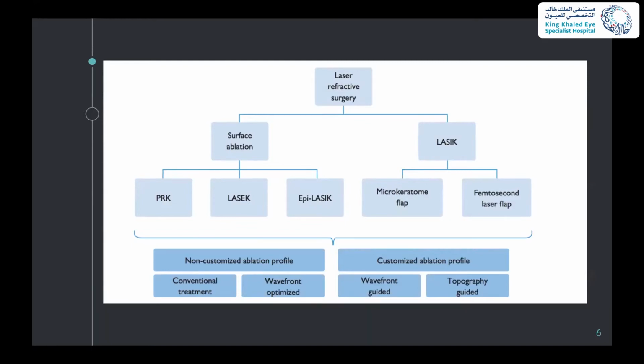The non-customized ablation profile includes the conventional treatment or wavefront-optimized ablation. Customized includes wavefront-guided ablation and topography-guided. We're going to speak about each one of them in the coming slides.